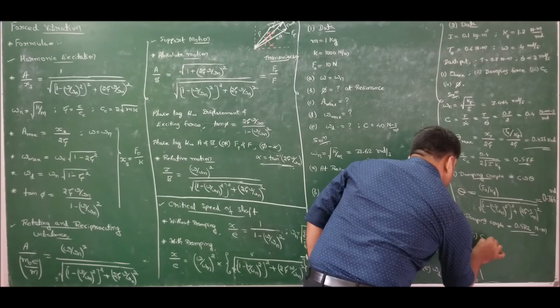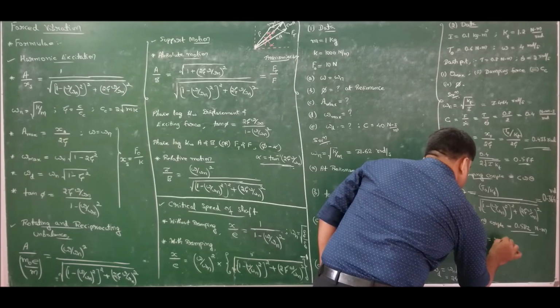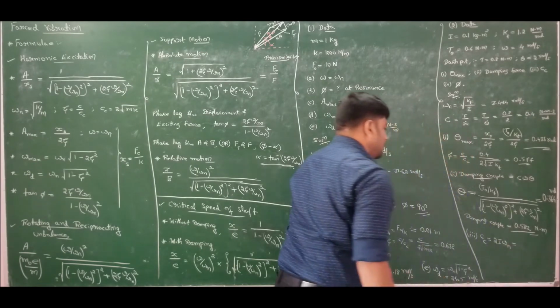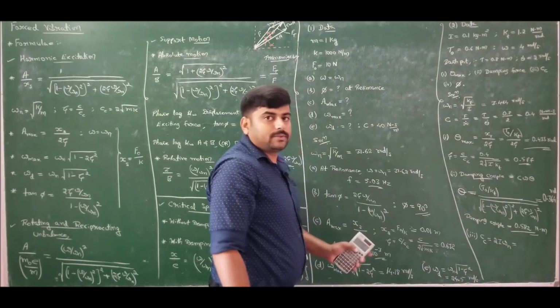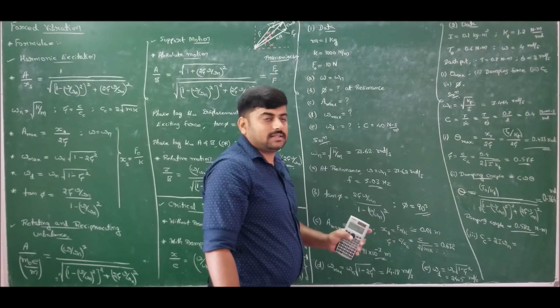Now move to the third one, CC, the critical damping coefficient. CC is 2m omega n, so I can write it as 2I omega n, or as 2 root mk, where m is replaced by I and k by kt, 2 root I kt. That is also correct.